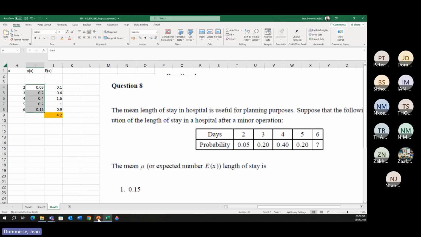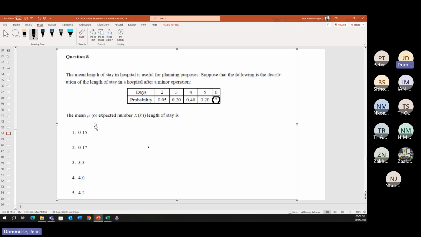Interestingly enough, that was the answer of the first option, 0.15, but that is what we need to fill in there and not the expected length.